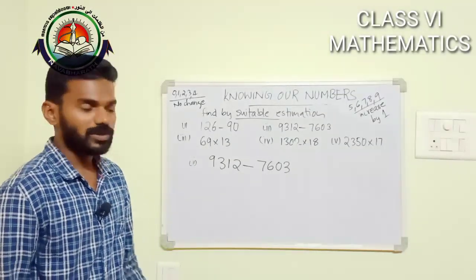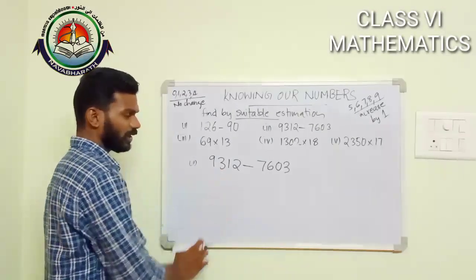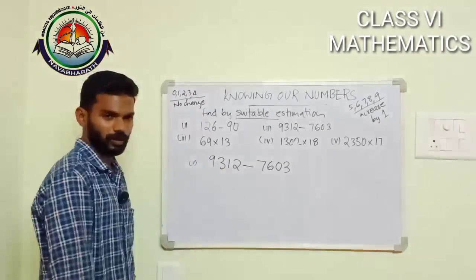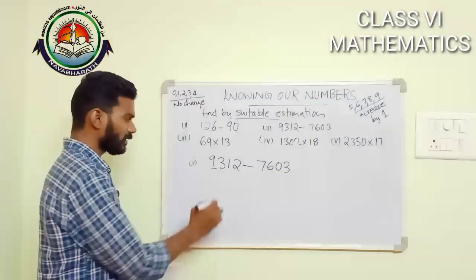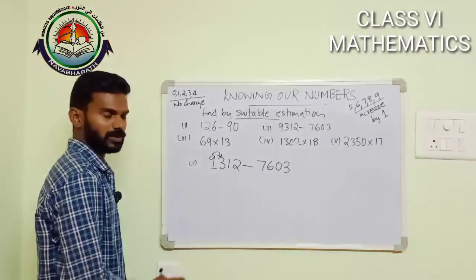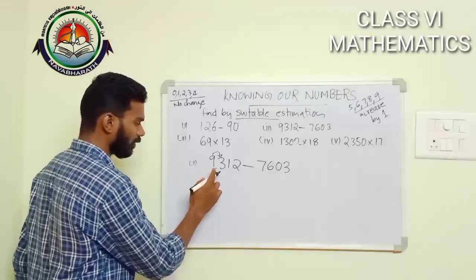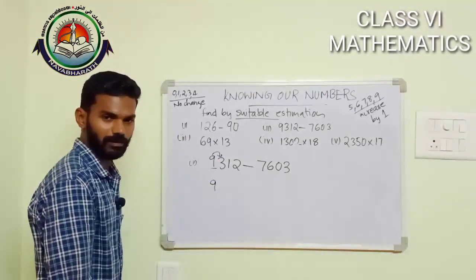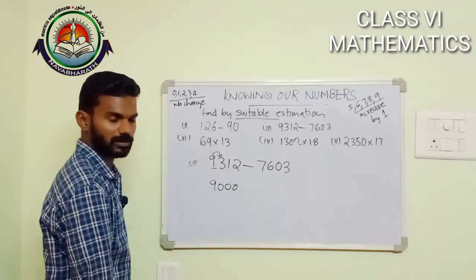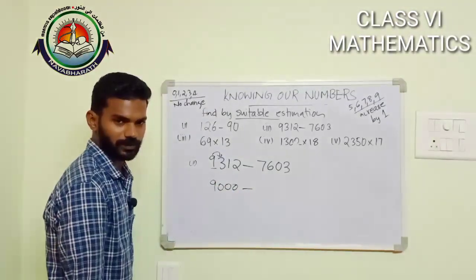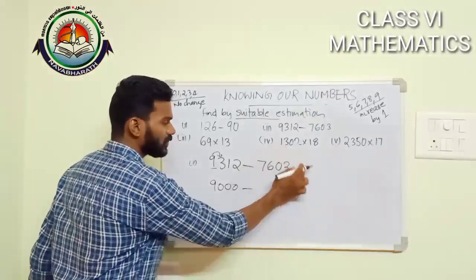Clear? So while considering 9312, 9 is in the thousands place. The next is 3. So there is no change for 9. 9 is 9 itself. Then all the digits are 0. 9000. Then there is a subtraction. Now consider this number.